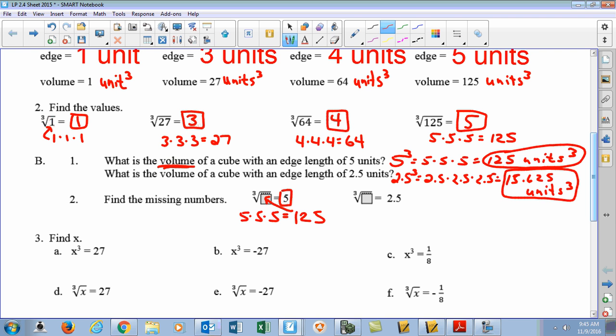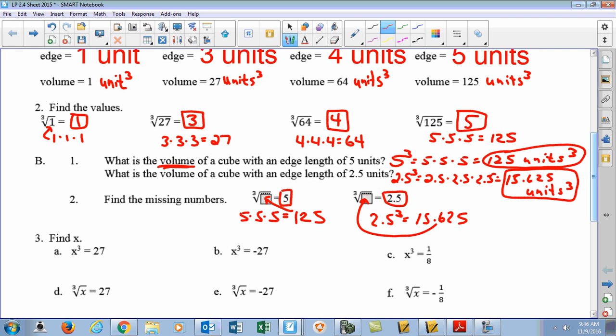Okay. Same thing with the other one for number 2 here in part B: we take this number and multiply it by itself 3 times to get 15.625. We did that work up above. So this is the number that goes under the cubic root, because the cubic root of 15.625 is 2.5.